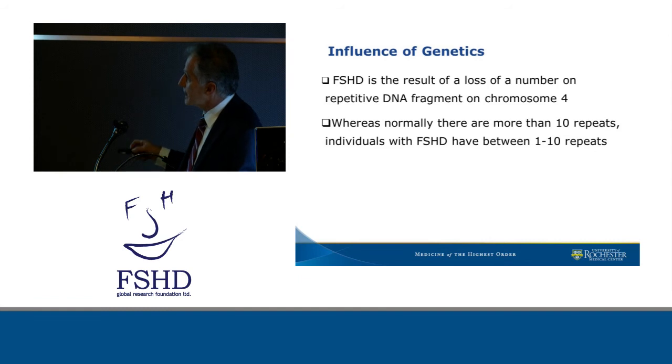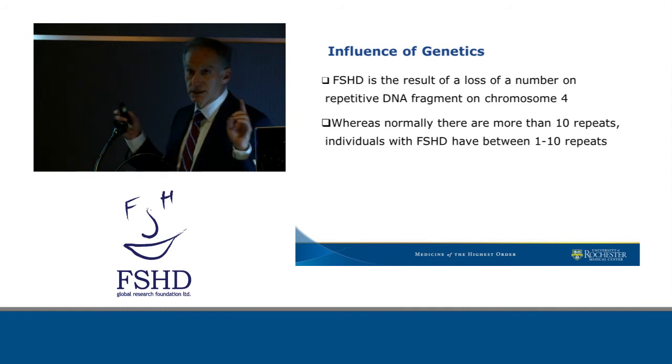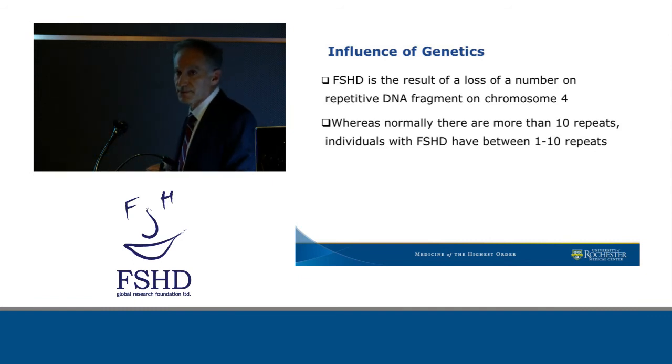And again, going back over this, the genetic influence that we now know is very clear, and Dr. Tapscott went over this. Patients with FSH type 1 have between 1 and 10 repeats, whereas normal individuals have more than 10 repeats on both copies of chromosome 4.